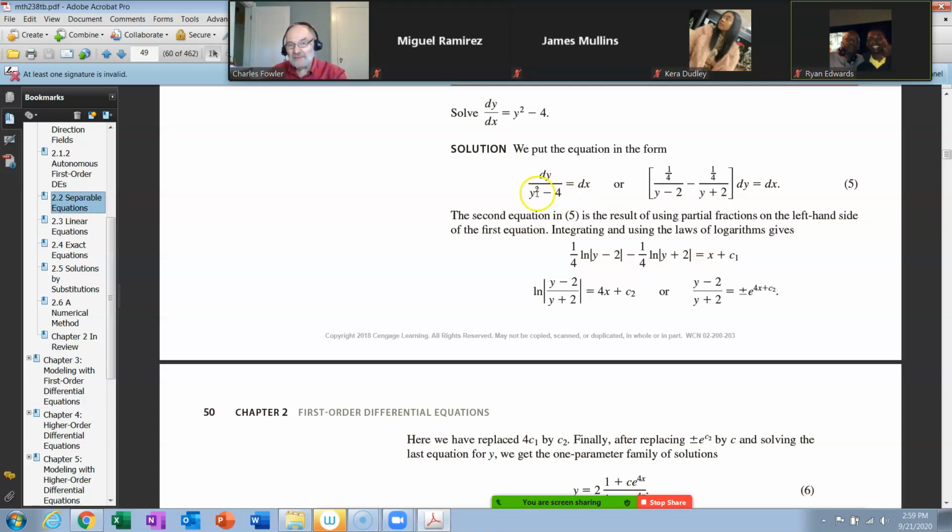So you have to be wary anytime you divide to separate your variables. Dividing by this puts in jeopardy y is equal to plus 2 or y is equal to minus 2 as potential solutions. Because dy/dx is equal to 0, that's a perfectly legitimate thing. Your slope is 0, and we know it is at minus 2 and plus 2.